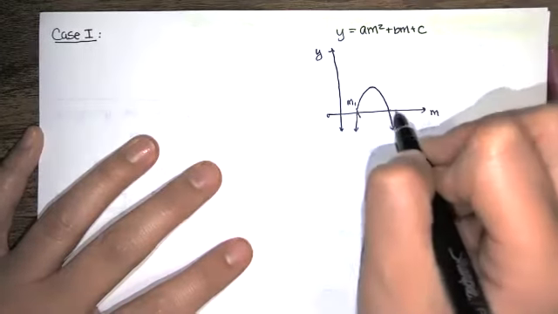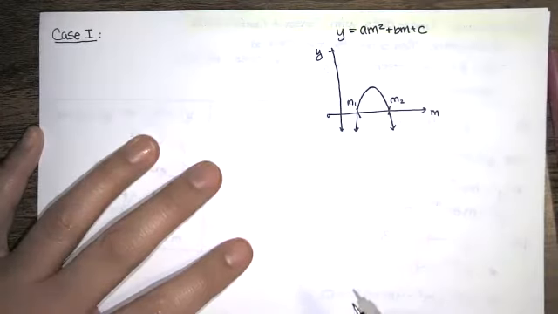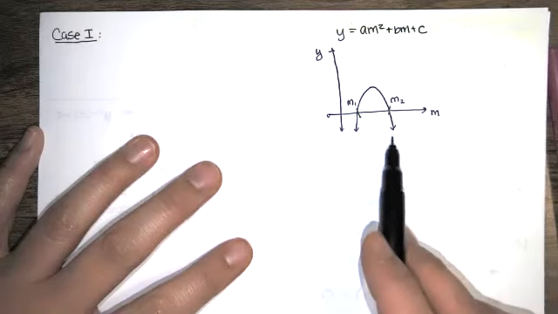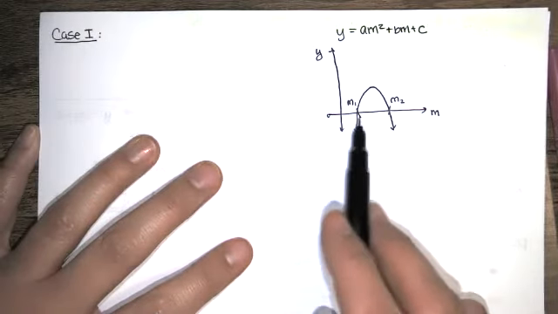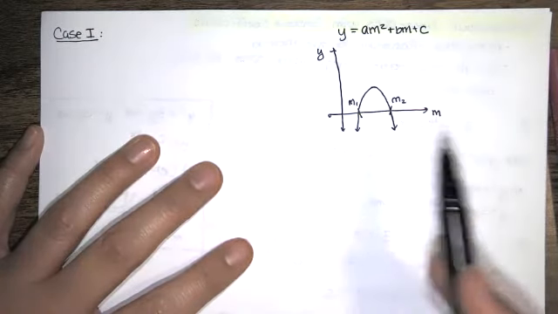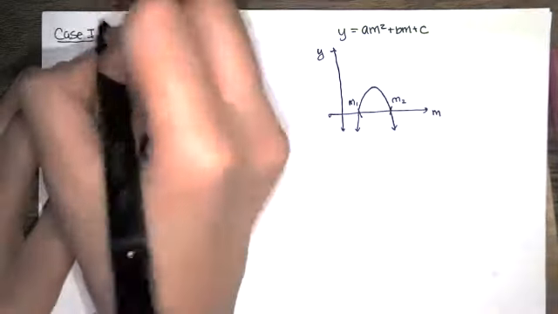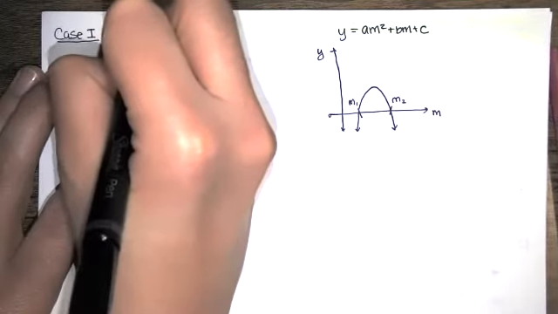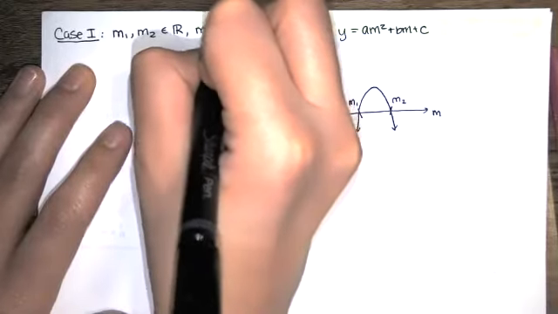So maybe the graph of that second degree polynomial function crosses the m-axis twice. It crosses at m1 and m2. So those are 2 real roots, and they're both distinct. The notation that we use for that is m1 and m2 are in the reals, and they're not equal to each other.